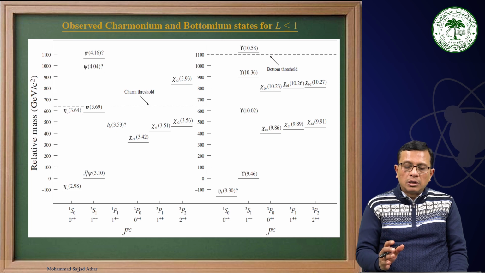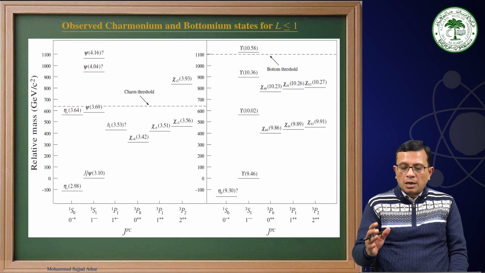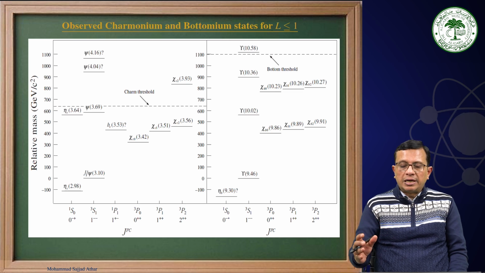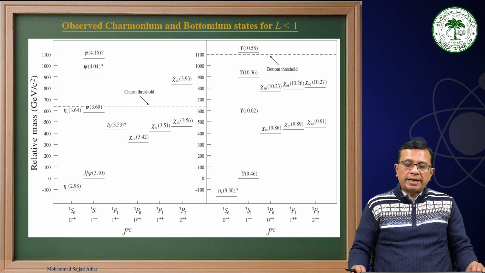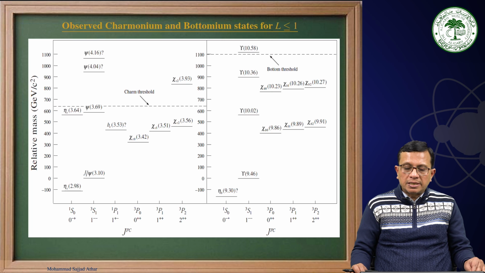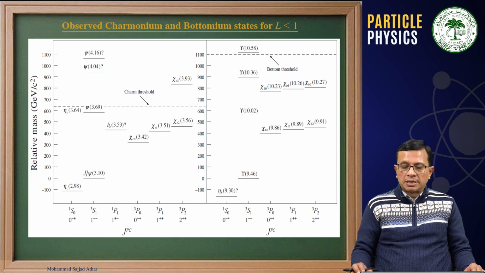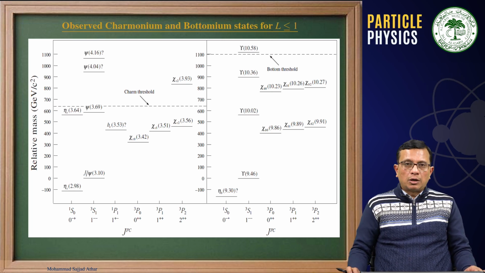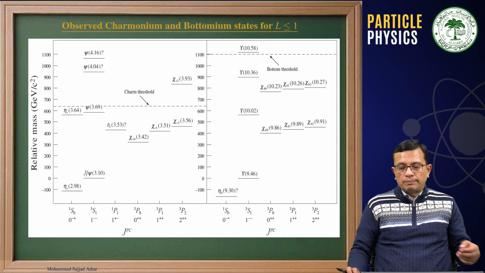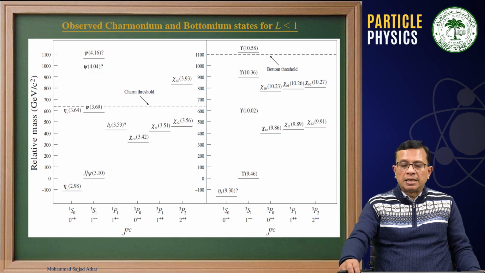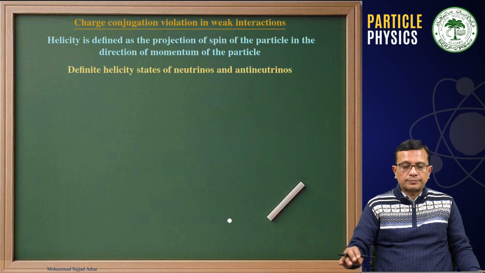So this is how one determines the properties of the particles and the different meson, anti-meson, or B B-bar or C C-bar states. And this can keep on going because till now nobody has seen an isolated quark.